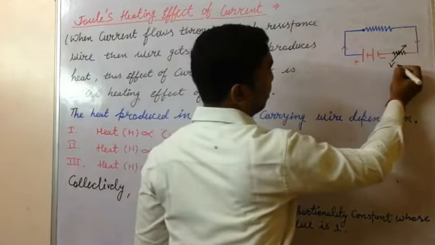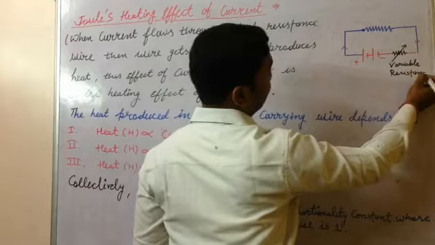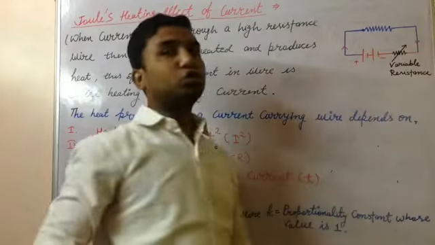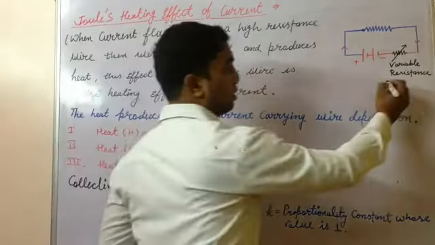So this becomes what we call a variable resistance. What is it used for? This is used to change the value of current in the circuit. We call it a rheostat.